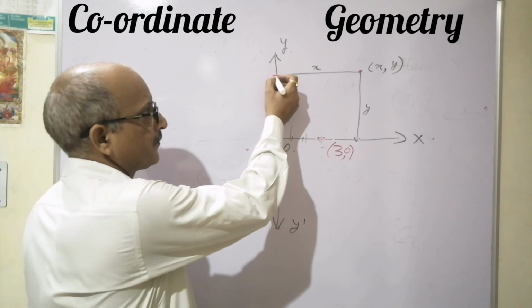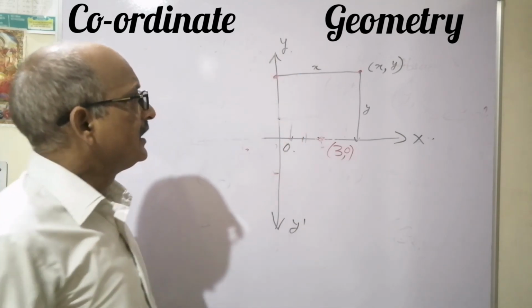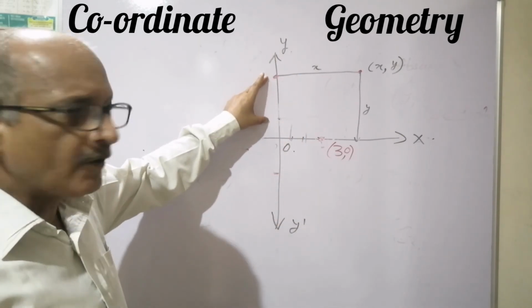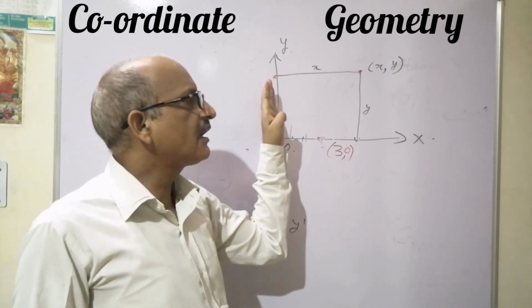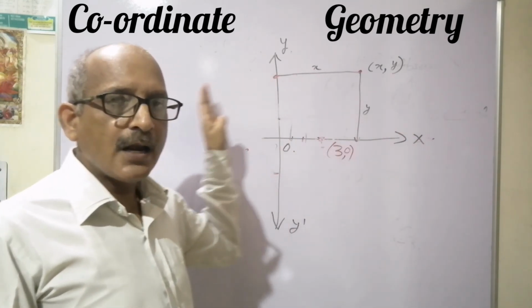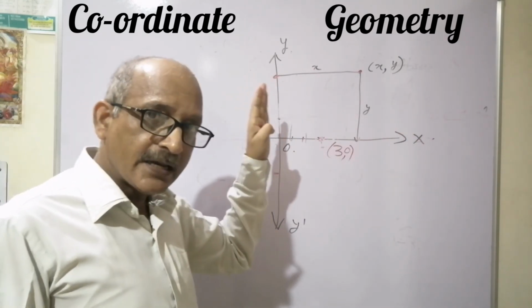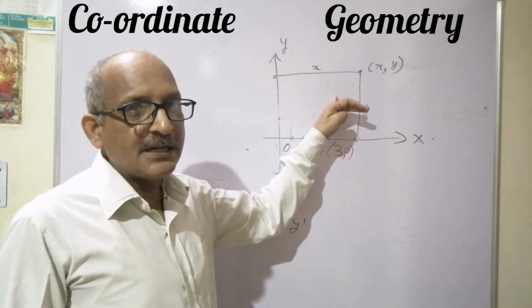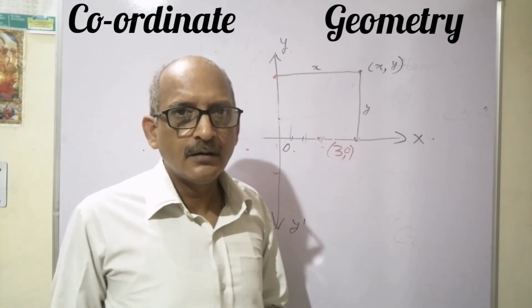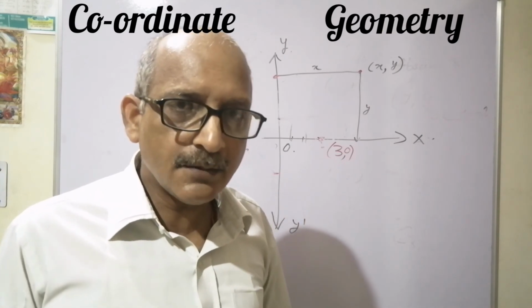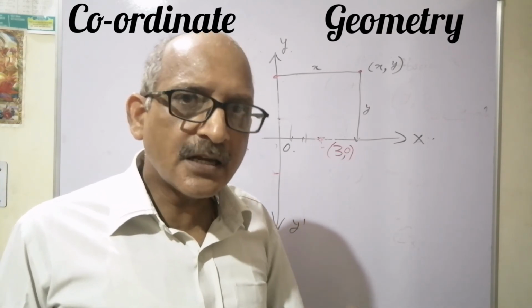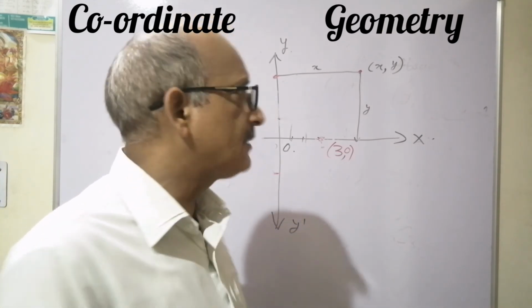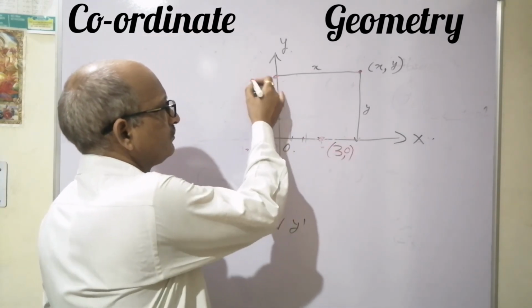Let's see this point. First of all, this point is neither to the right of the y-axis nor to the left of it. It is on the y-axis, so x is neither positive nor negative. Then what should it be? It is 0 only, because 0 is the number which can't be said to be negative or positive. So the x coordinate is 0.